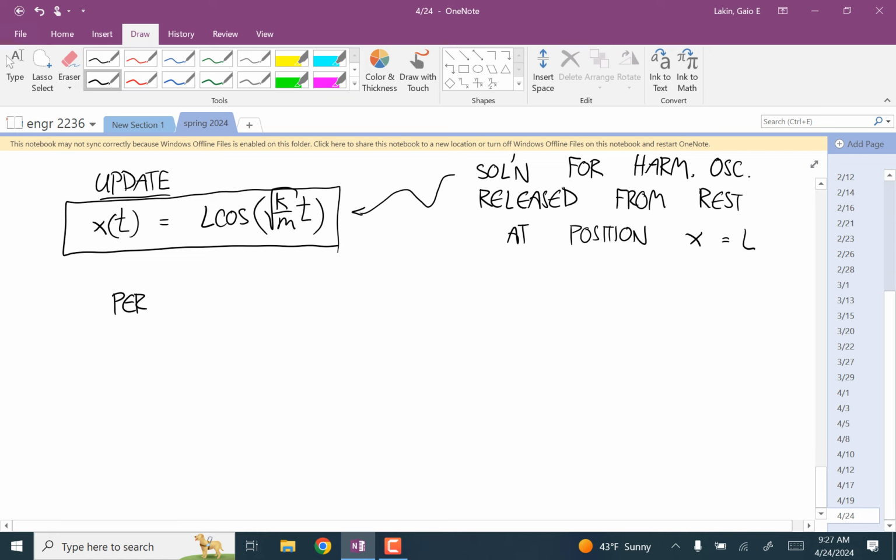Now we're going to use this solution that we just came up with to find the period. That's the elapsed time it takes for this thing to repeat itself, the time required for one entire cycle.